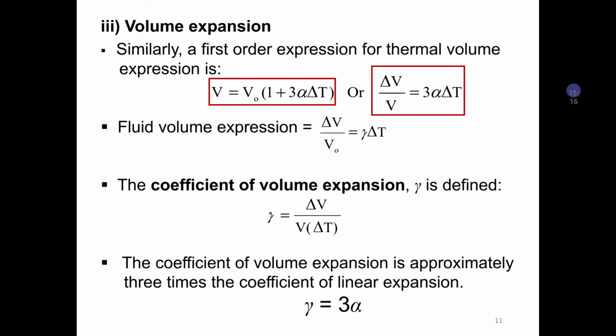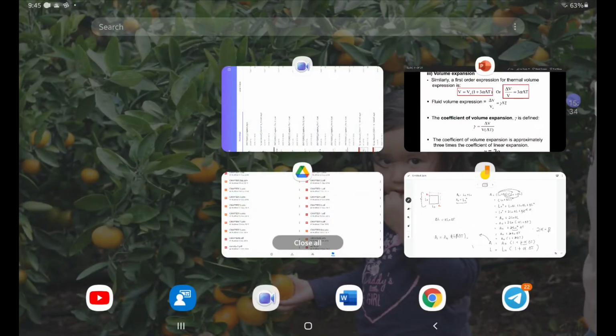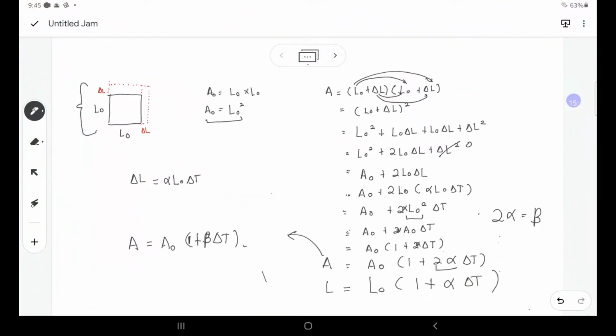Okay, how about the volume expansion? Okay, so for volume, when you change the temperature, you also change the volume, absolutely. Okay, so I will show you how to prove the equation for volume.